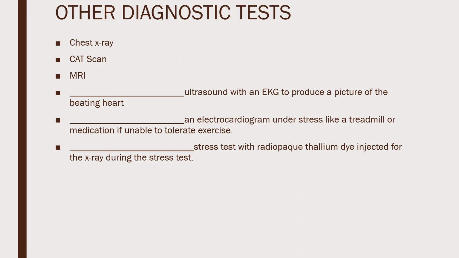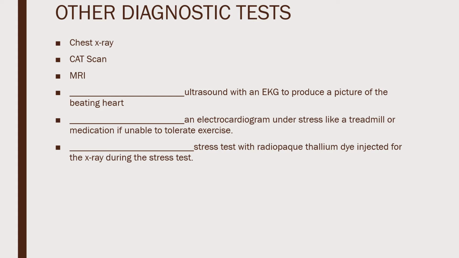Echocardiogram, this is an ultrasound with an EKG to produce a picture of the beating heart. So this shows motion, heart structure, valves, if there's any strain or stress, and it can help show the blood flow. A stress echocardiogram is an echocardiogram under stress, such as a treadmill or medication if they're unable to tolerate exercise.